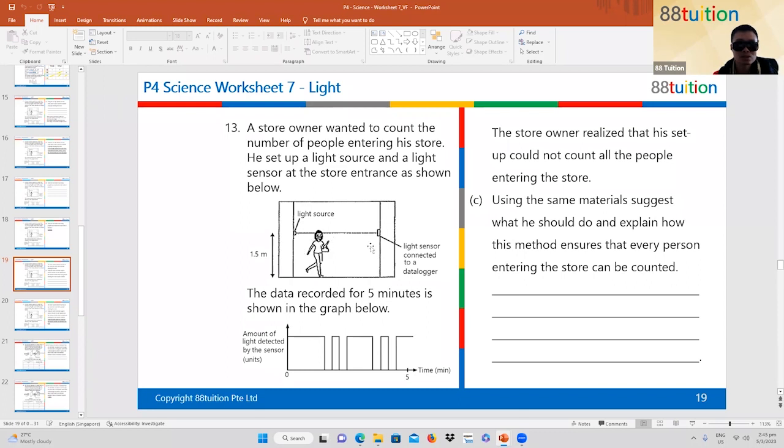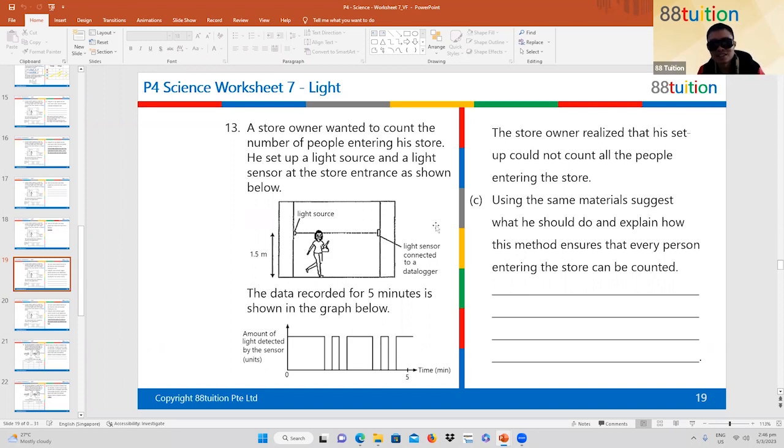That means you lower the light source and sensor, is it, Valerie? How about Ariano? What's your answer, Ariano? By making a new one?